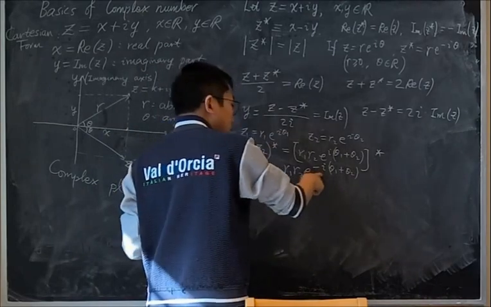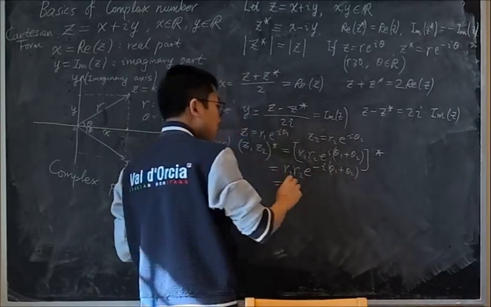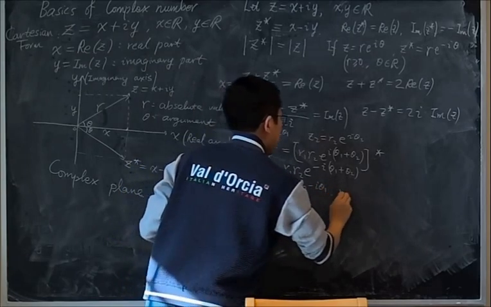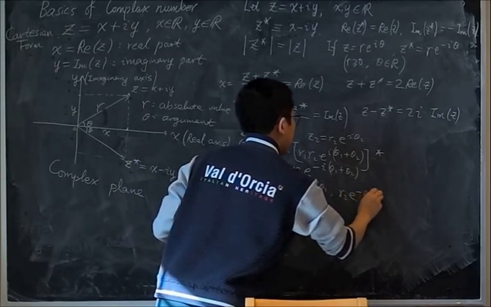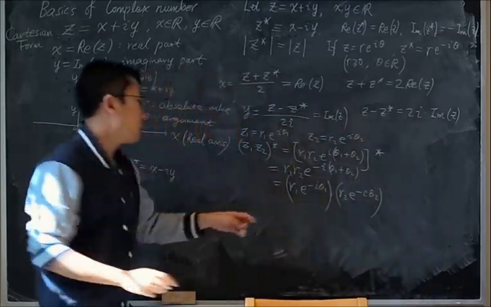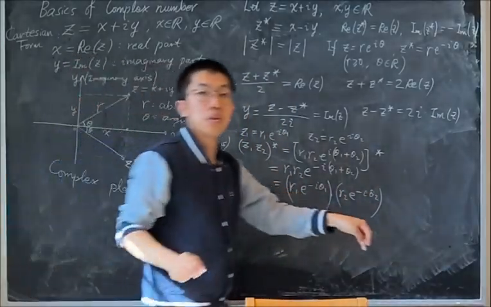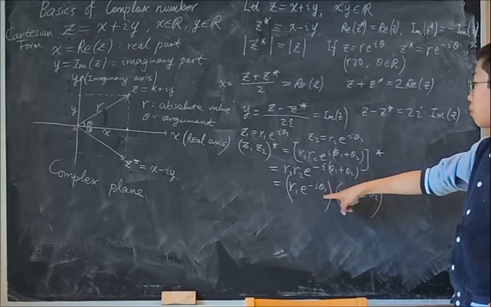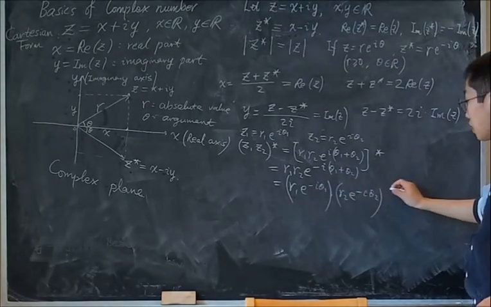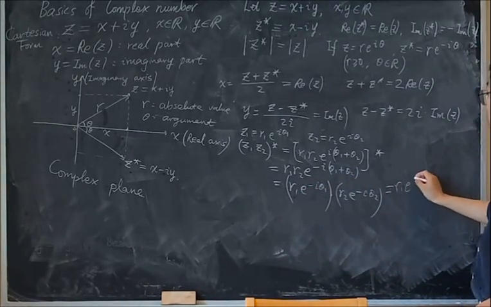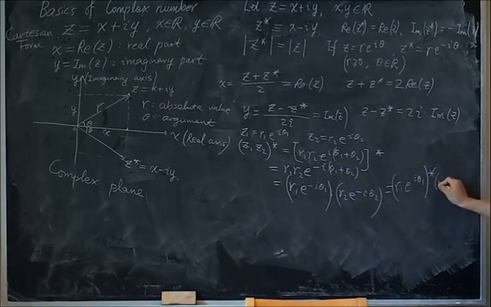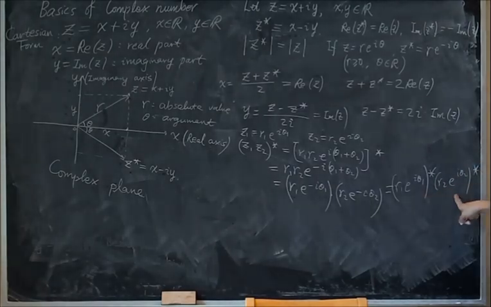So, e to the negative i of theta 1 plus theta 2, I can write it in the way of r1 times e to the i theta 1 times r2 times e to the negative i theta 2. Obviously, these two are equivalent. But when I write this form, r1 times e to the negative i theta 1 is just the complex conjugate of r1 times e to the i theta 1, right? And this one is just r2 times e to the i theta 2 conjugate. This is z1, this is z2.